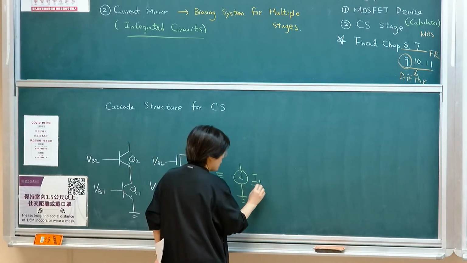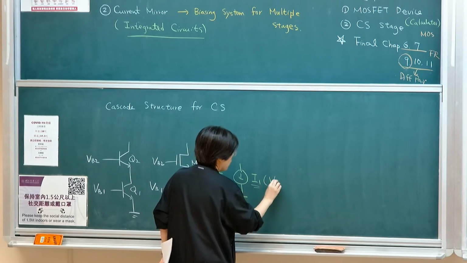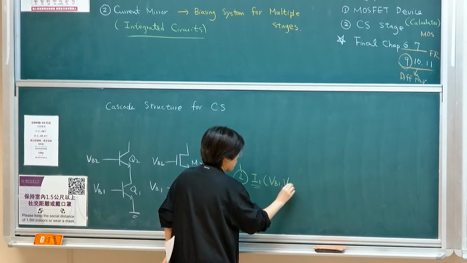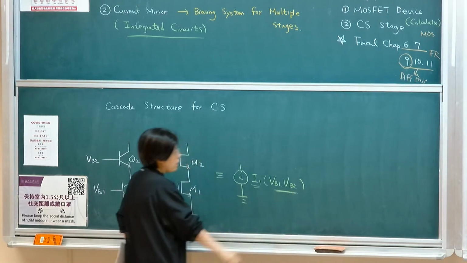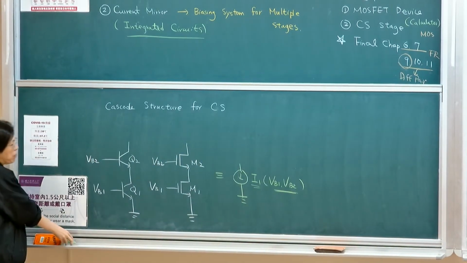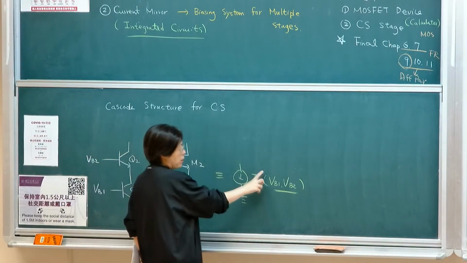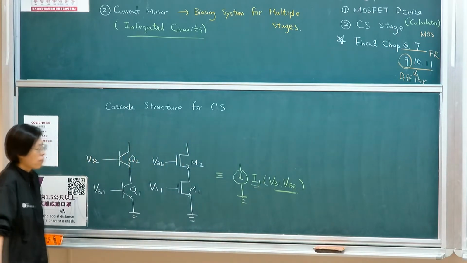So the DC level is set by VB1, VB2. Through this setting of biasing condition, you should be able to determine your DC biasing condition.